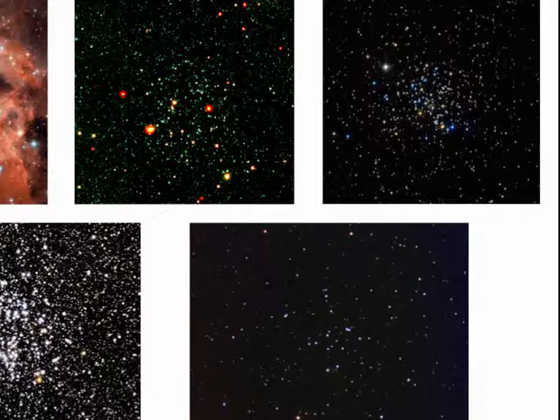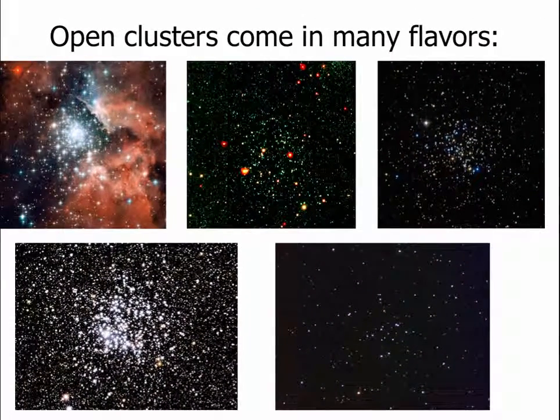Sometimes you have blue stars, sometimes you have red stars, sometimes you barely have any stars at all. But all of these are open clusters. And the main similarity between them is that all the stars are the same age, and there are a few dozen to maybe a few thousand stars at the most.